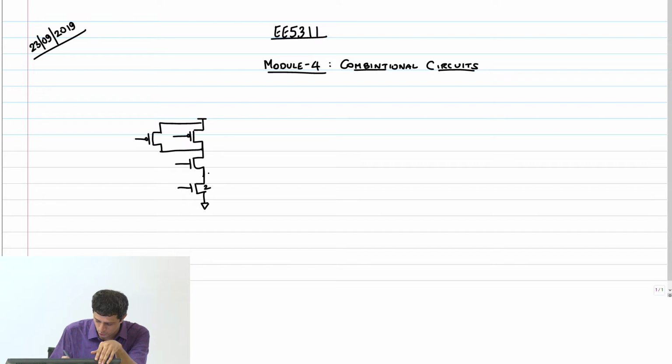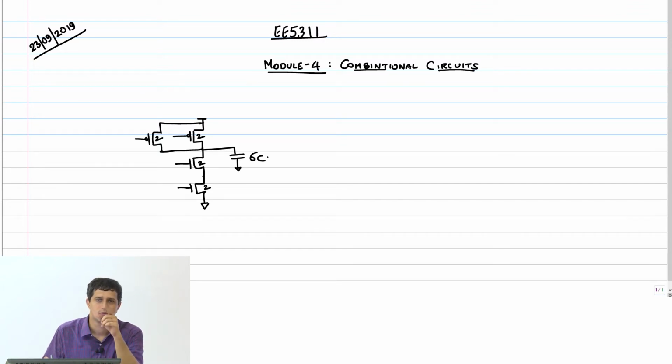size 2, 2, 2 and 2, right, then the net capacitance here would be 6C, 2C coming from each of the two PMOSs, and 2C coming from the NMOS on top.